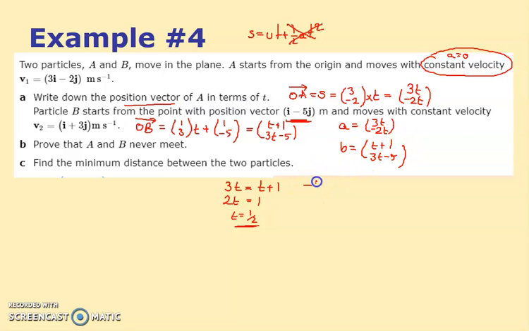What does the bottom line give me? The y direction: minus 2t equals 3t minus 5. They switch places. I think that gives me t equals 5 seconds. So these are what you describe as inconsistent, and therefore, they never meet.